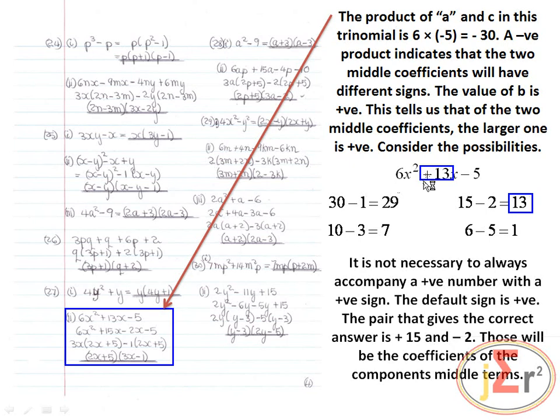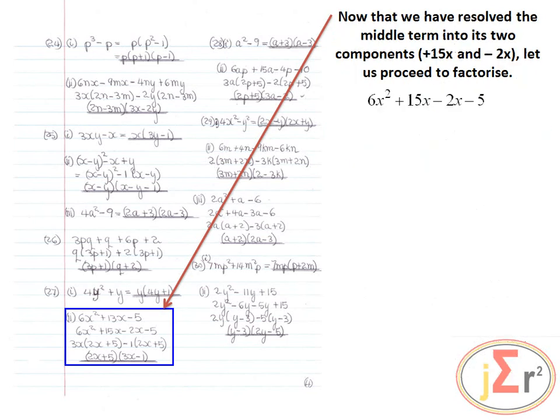Also, when we are factorizing a trinomial, if we have a positive 10 here and a positive 3, then we cannot factorize by grouping. We will not be able to factorize by grouping because we would have one positive sign, two positive signs, another one, three positive signs, and a single negative sign in the expression.